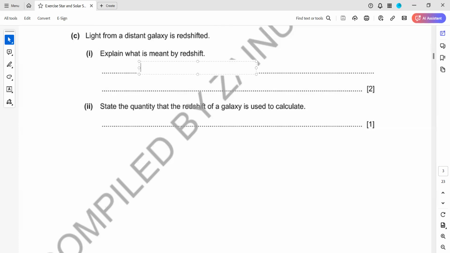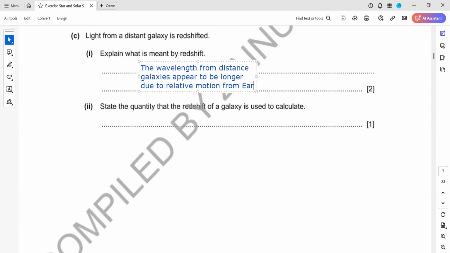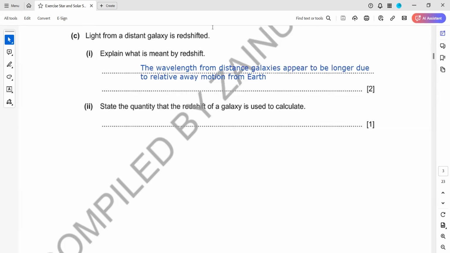So the wavelength from the distant galaxy appears to be longer due to relative motion from Earth, as they're moving away. We call that a redshift.